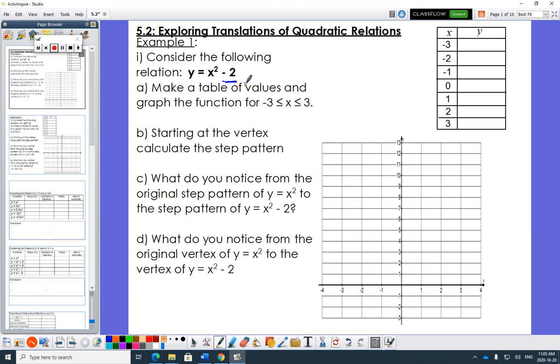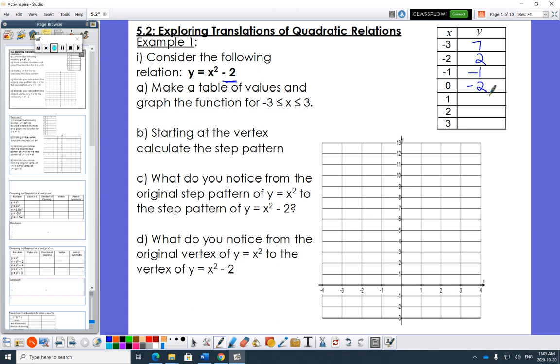So negative 3 squared is 9 minus 2 is 7. Negative 2 squared is 4 minus 2 is 2. Negative 1 squared is 1 minus 2 is negative 1. 0 squared is 0 minus 2 is negative 2.